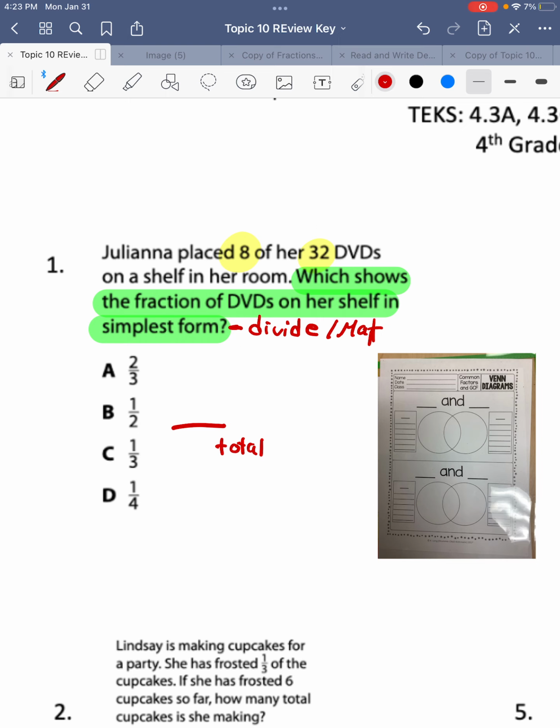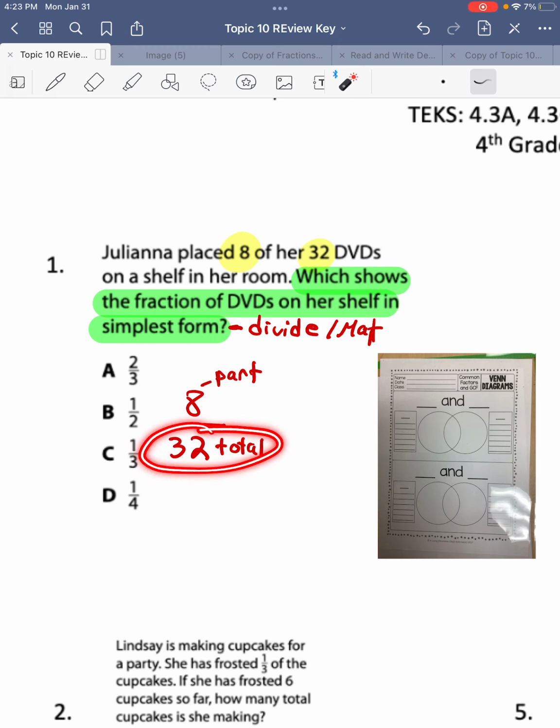It says Julian placed 8 of her 32 DVDs. 32 is your total, and she placed 8 of them, so that part is going to be your numerator. Your total goes on the bottom, the other part goes on top. Remember, the top number is your numerator, the bottom number is your denominator.